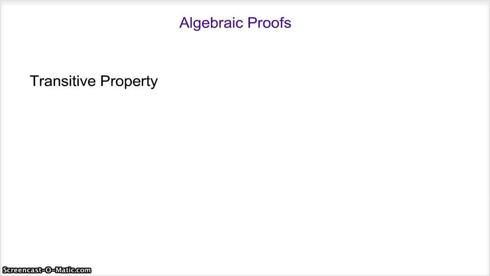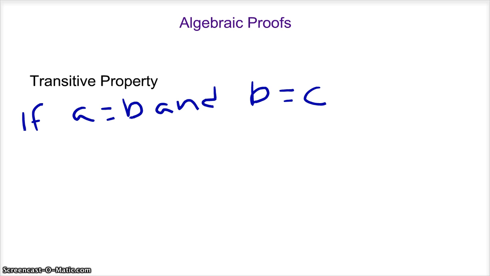The next one is the transitive property. It states if A equals B and B equals C, then A equals C. Look at that for a second. What does that look like? Think about it a little bit more. It looks like the law of syllogism.